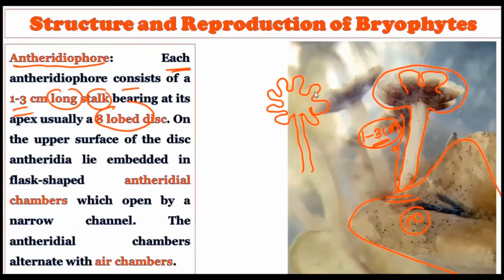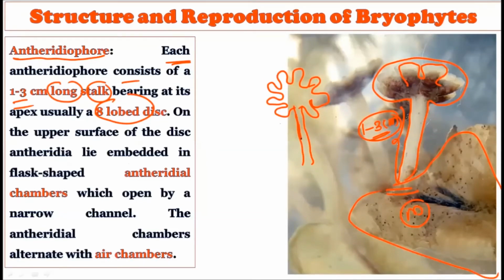This is an 8 lobed structure, and what we have below is a 1 to 3 centimeter long stalk which is borne on the male thallus exogenously. This male thallus is present and exogenously it is originating from this thallus. First the 1 to 3 centimeter stalk, and then the 8 lobed disc, and this 8 lobed disc plus the stalk constitute the antheridiophore.